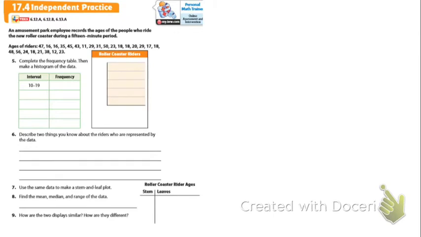Next, a few questions on the independent practice. Complete the frequency table, then make a histogram. They're telling us that an amusement park employee records the ages of the people who ride the new roller coaster during a 15-minute period. And there are the ages. Number 5, complete the frequency table, then make a histogram.